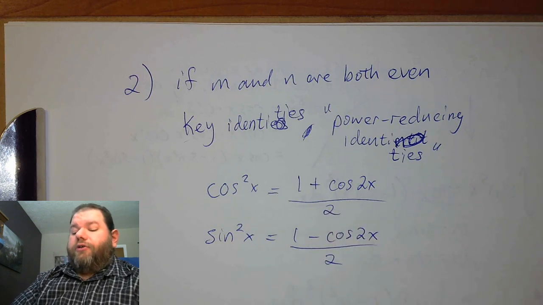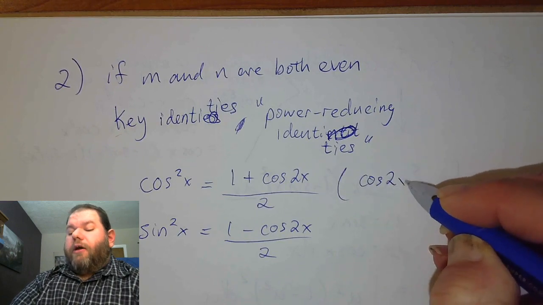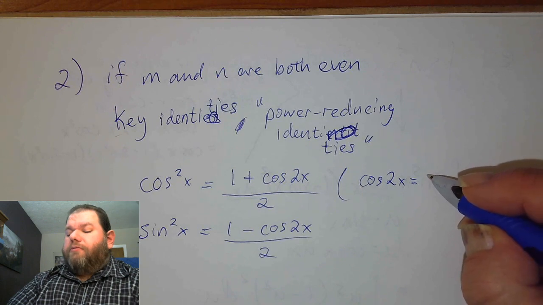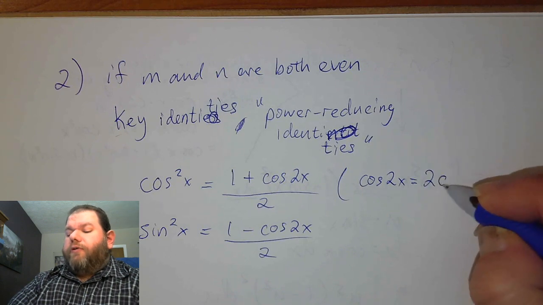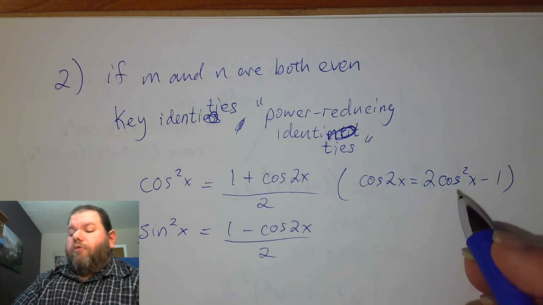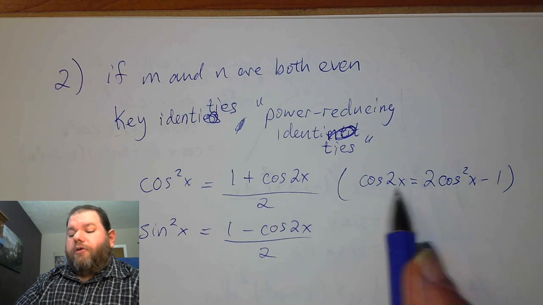This first equation comes from the fact that cosine 2x is equal to 2 cosine squared x minus 1. And what we've done is we've solved it for cosine squared x. We add the 1 over and then divide by 2.